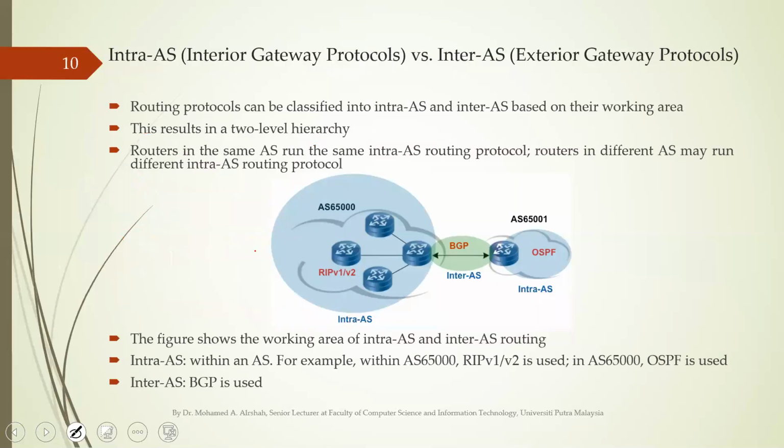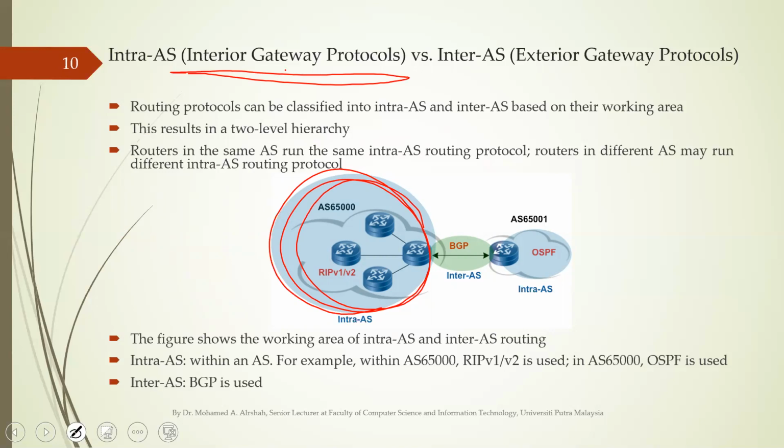Okay, the first classification is the intra-AS and the inter-AS. The intra-AS is called interior gateway protocols. So the protocols that can be used inside the autonomous system are under this type. Intra-AS is exactly the same as IGP protocols.